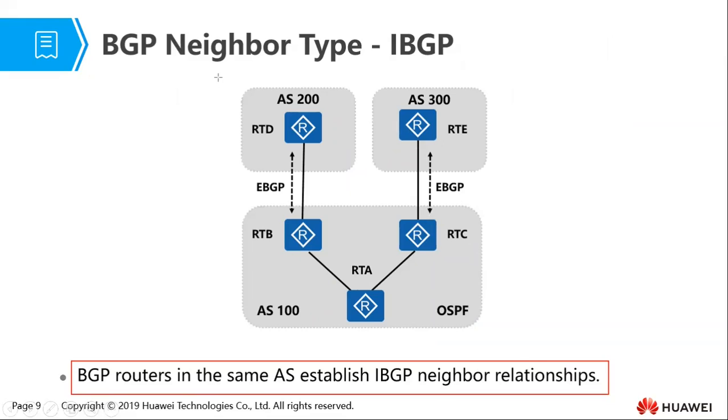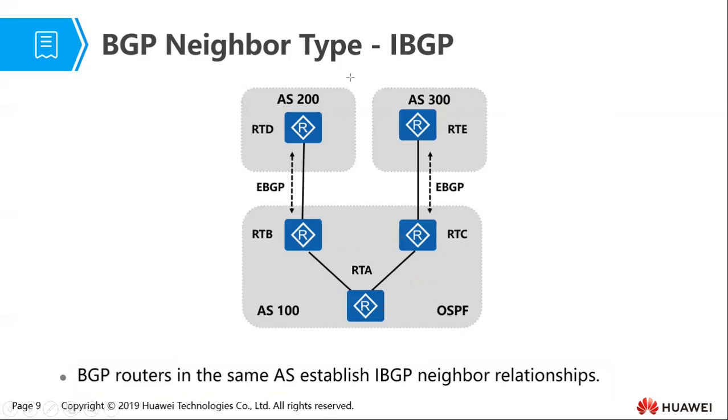So RTC and RTB can form an IBGP neighbor relationship, and RTB and RTA can form IBGP. Once we have IBGP neighbor relationships within the autonomous system, they can have in their tables routes that have been learned through EBGP, without necessarily having to install those routes in your IGP. So that is what we call IBGP. We have those two types of neighbors, EBGP and IBGP.